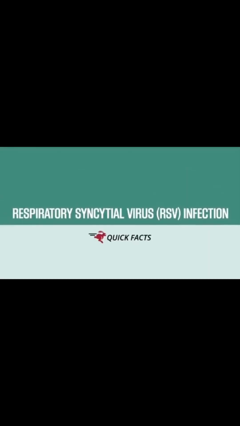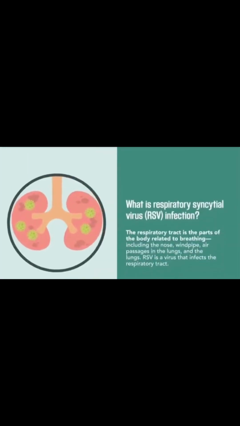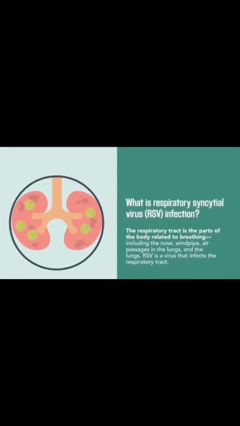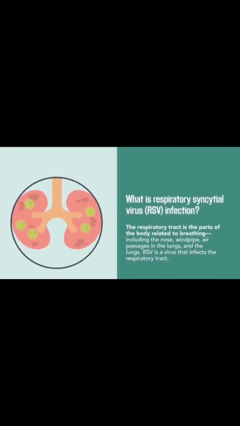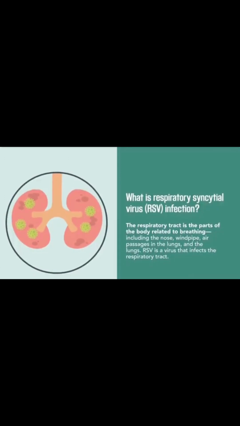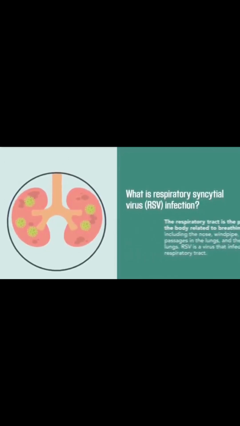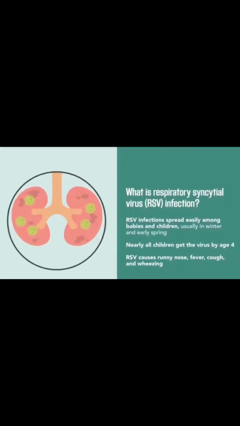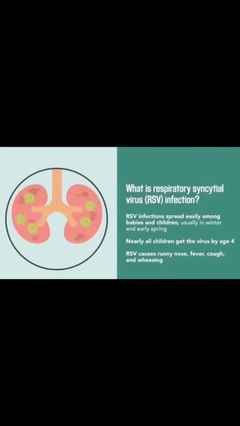Respiratory syncytial virus infection: the quick facts. The respiratory tract is the parts of the body related to breathing, including the nose, windpipe, air passages in the lungs, and the lungs. RSV is a virus that infects the respiratory tract. RSV infections spread easily among babies and children, usually in winter and early spring.